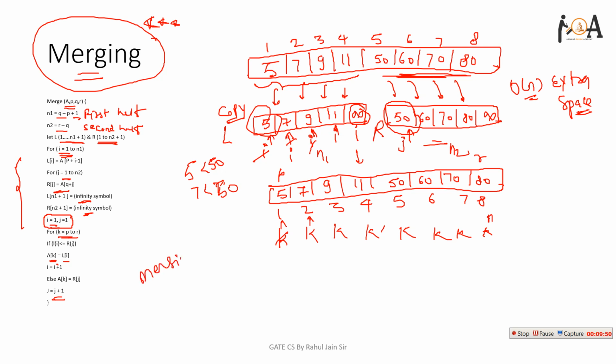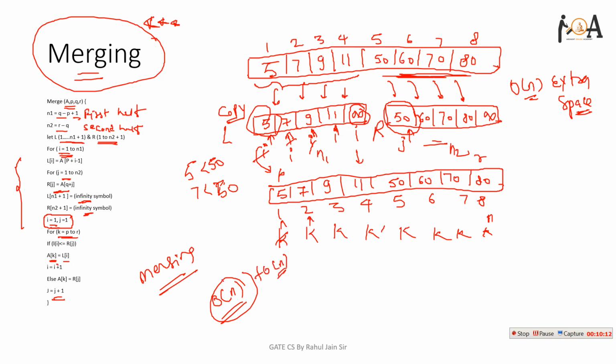And for merging I require order of n time. Why? Because I need to copy all the elements into new arrays, and again I need to compare one element with another and move it into the new array. So order of n plus order of n time.